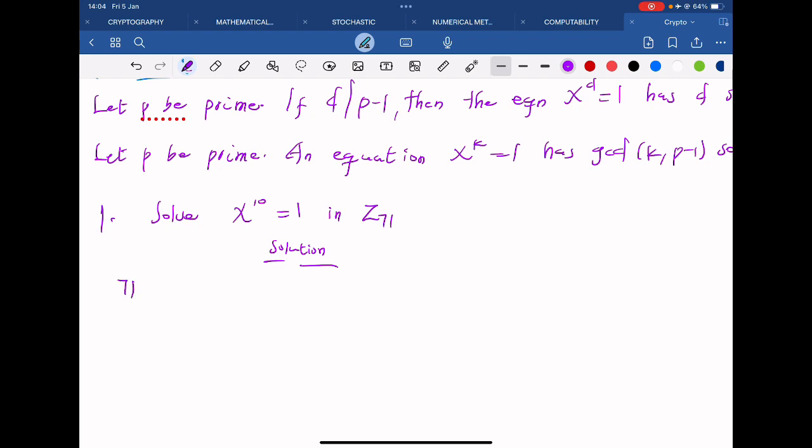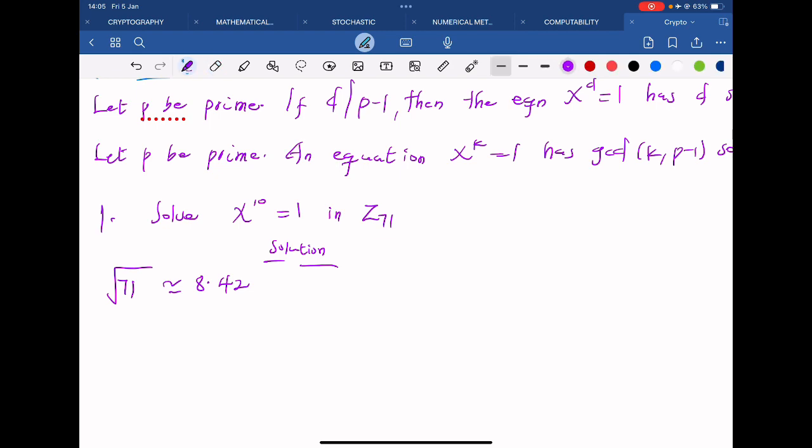In checking this, we can always find the square root of 71. The square root of 71 is 8.42. Now we list all the prime numbers that are less than or equal to 8.